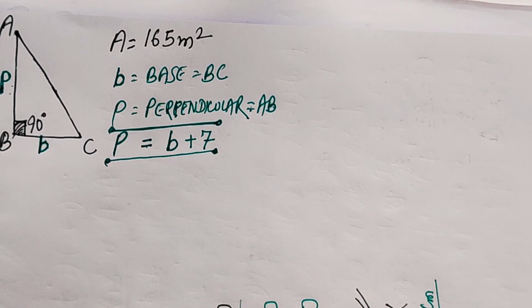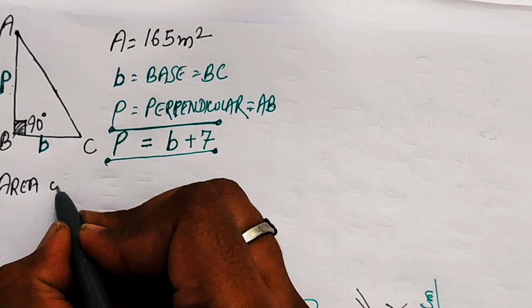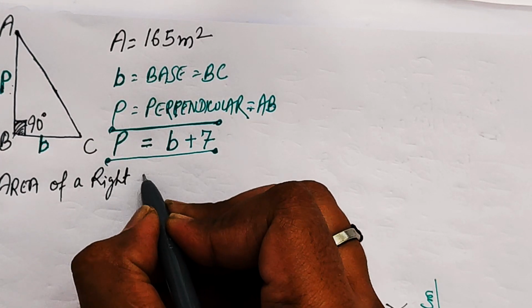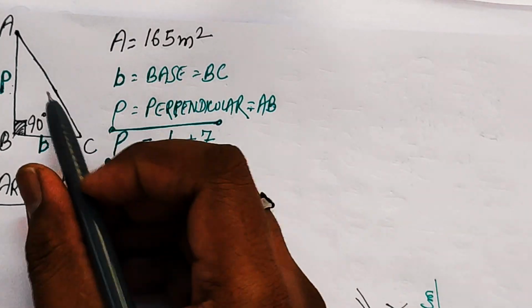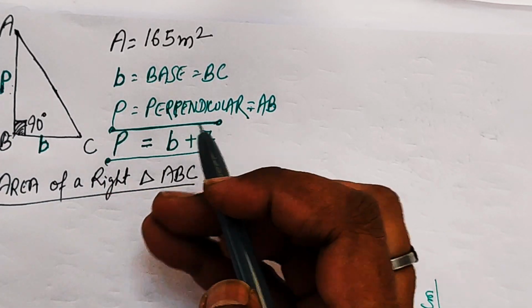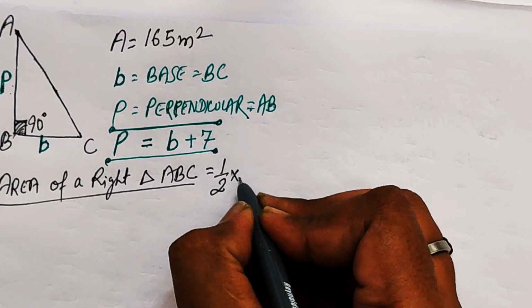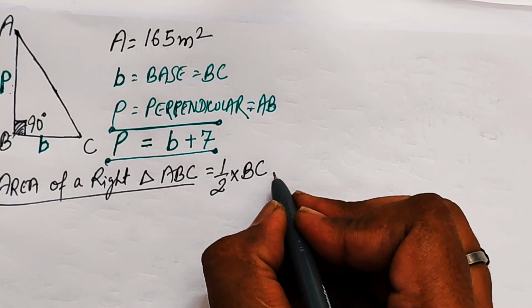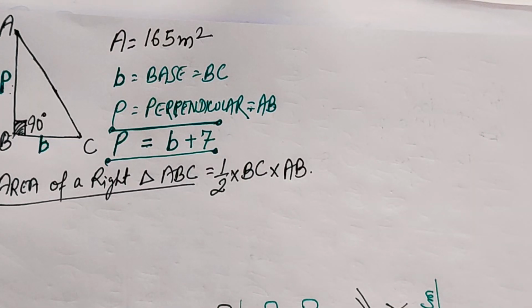We know that the area of a right triangle ABC, which is given over here, A, B and C, is equal to half into base, that is BC, into height, that is AB.